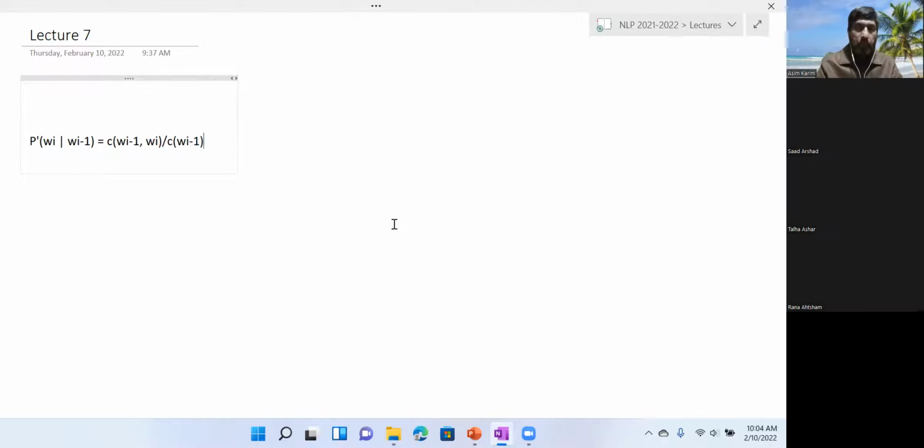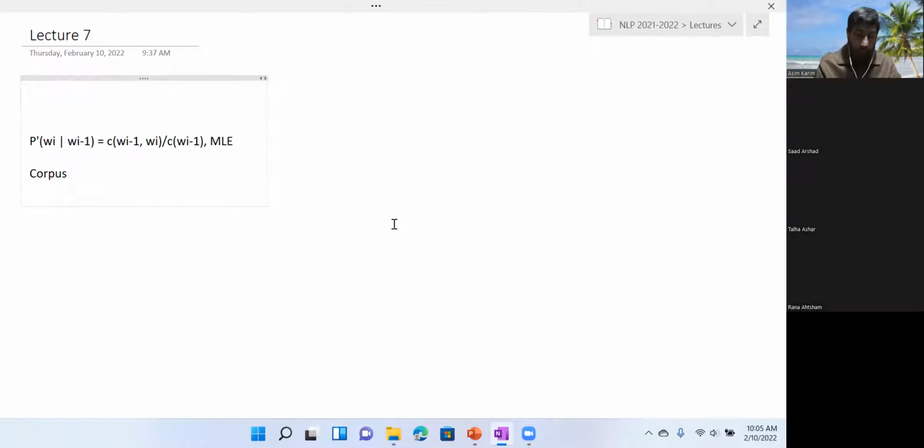I am writing without the subscript, I hope you can understand. This is MLE, maximum likelihood estimate. And to estimate this, you need to have a corpus, which is essentially a large body of running text from which you can estimate these numbers.